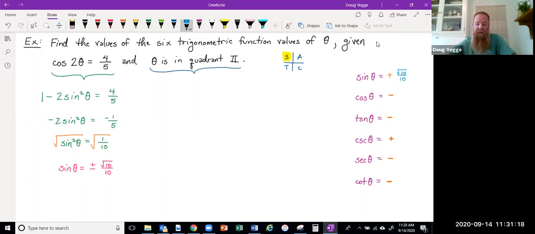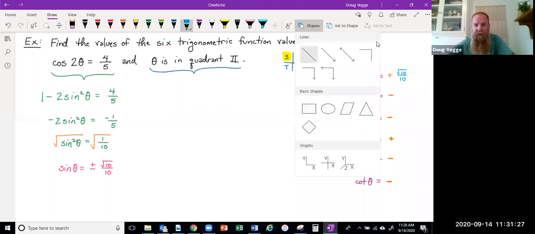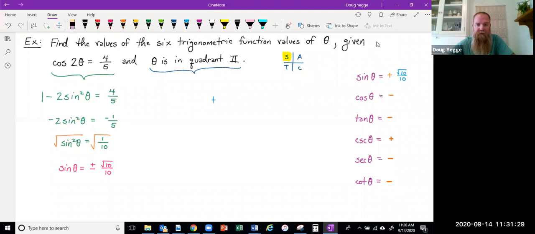And now we pretty much can find all the rest simply by drawing a triangle. We could use the fact here that since we're in the second quadrant, the angle is going to be somewhere here. So this must be our angle theta.